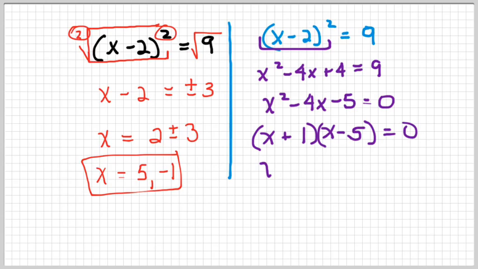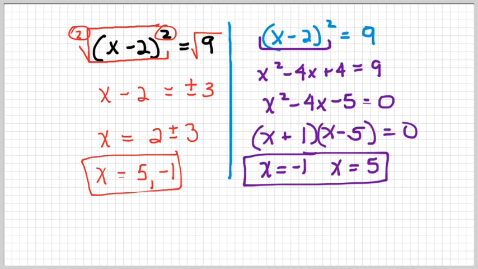Then I'd have to set each factor equal to 0 to get the same solutions. So either method works, however the one on the left is a much quicker method. I do that when I notice I've got that perfect square on the left-hand side and just some constant on the right-hand side. I can free up that x and solve for it very quickly.